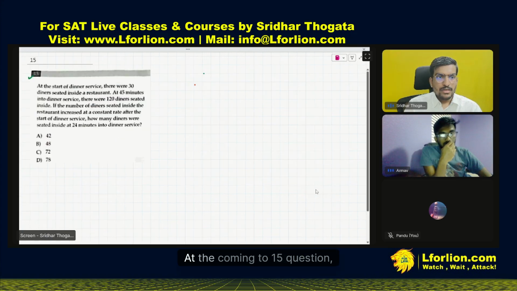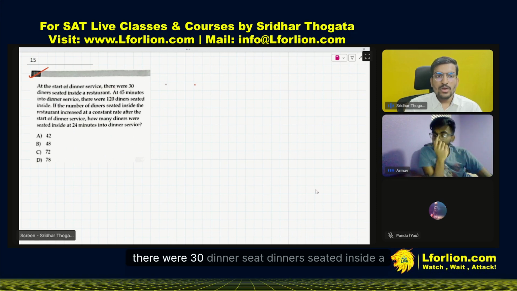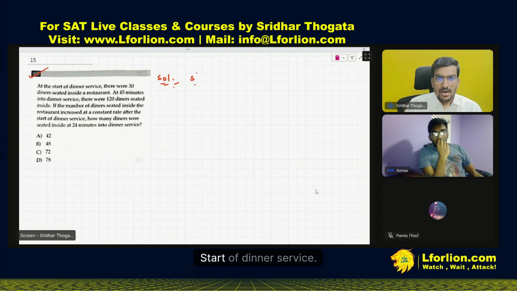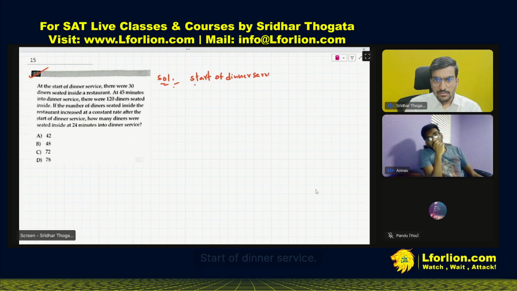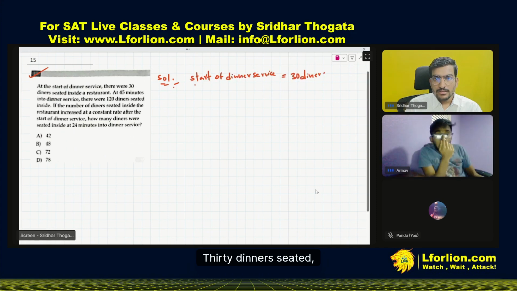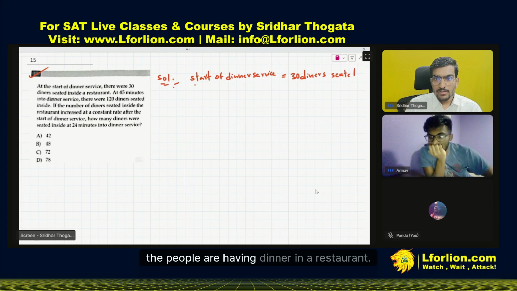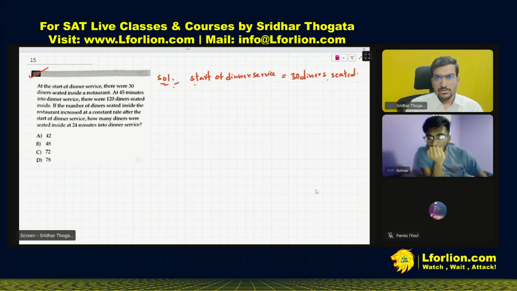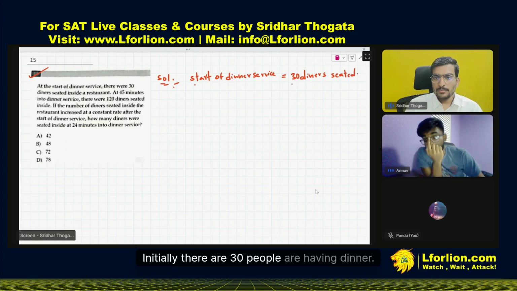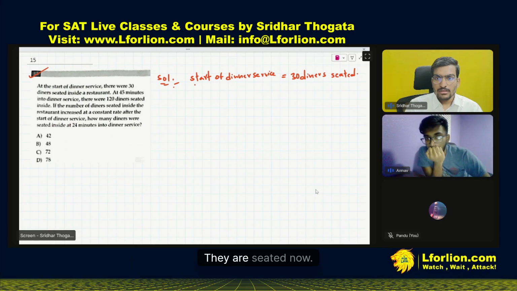Yeah. Coming to the 15th question. At the start of dinner service, there were 30 dinners seated inside a restaurant. The people are having dinner in a restaurant. Initially, 30 people are having dinner. They are seated.